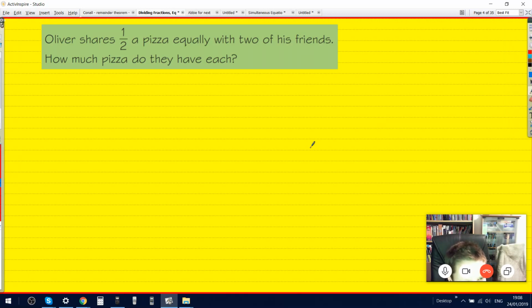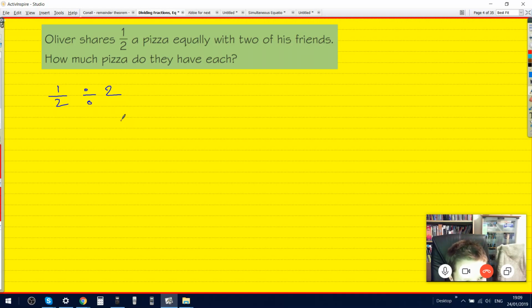So Oliver has half a pizza, and he shares it equally with 2 of his friends. So it's 1/2 divided by 2. Well done. How do you do that? You use the keep, change, flip method.